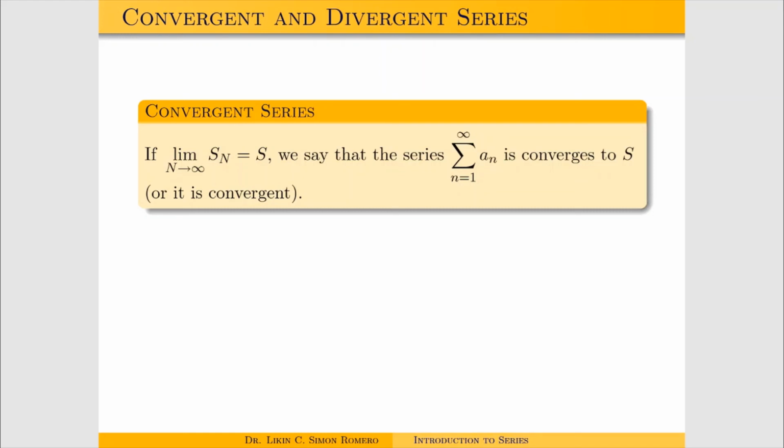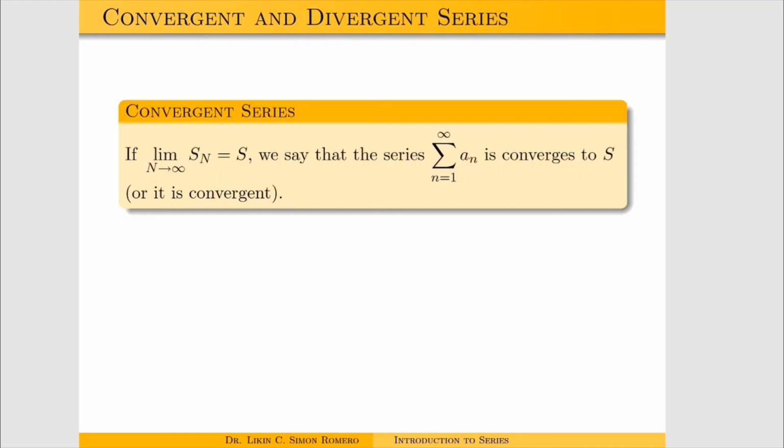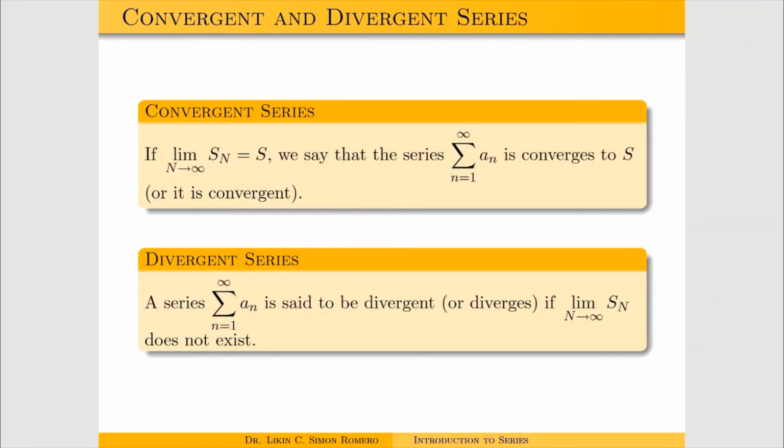In other words, that limit exists and is equal to a number. And a series is divergent if the limit of the sequence of partial sums does not exist, and this includes the case where the limit of the sequence of partial sums is infinite. Since we are dealing with an infinite sum, this is a very common occurrence for a series. There are a lot of series that may actually add up to infinity.